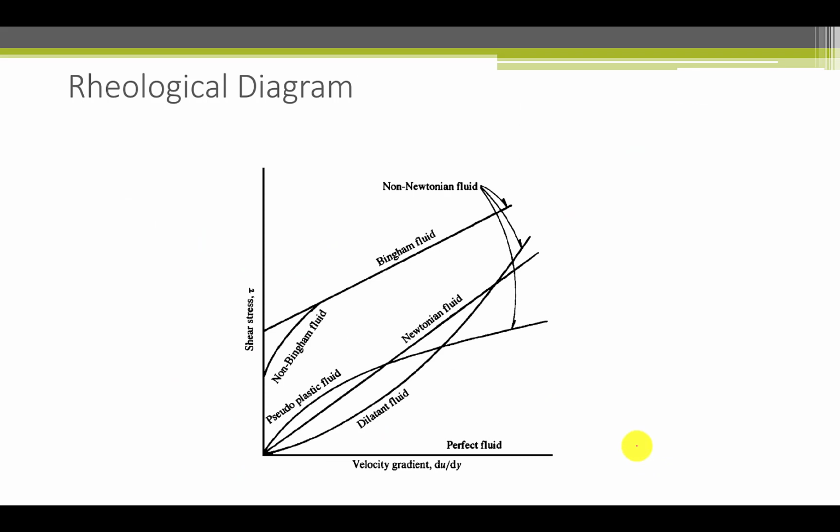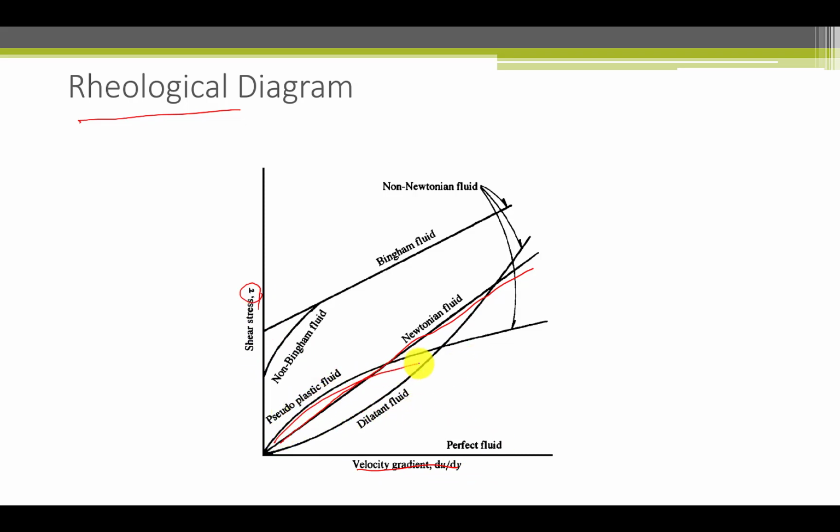Now, as I mentioned earlier, not all liquids are Newtonian fluids. The whole topic of the linearity of viscosity is called rheology. So here is the Newtonian fluid, just a straight line on this plot of velocity gradient du dy versus shear stress tau. Some liquids I call pseudoplastic fluids.